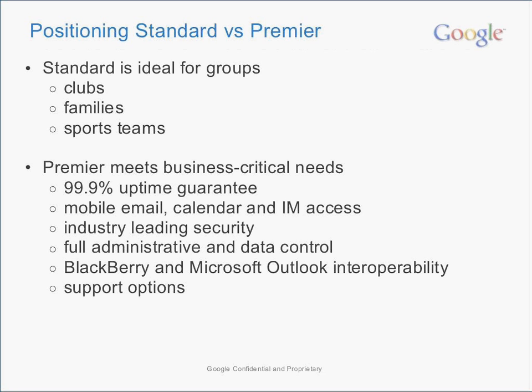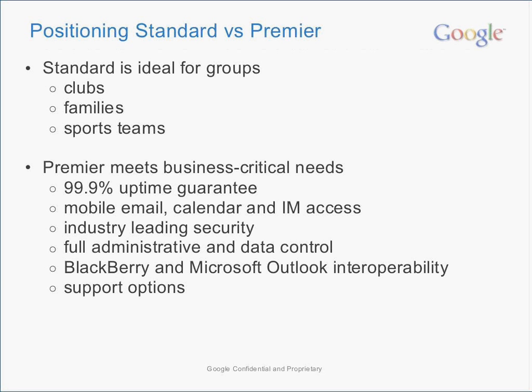That's what Standard Edition was really created for. And that's why all the business critical applications and needs that you'd see in your customers are satisfied with the Premier Edition.